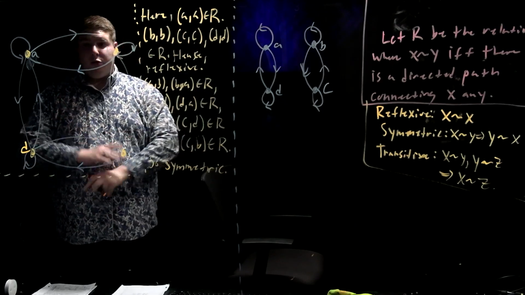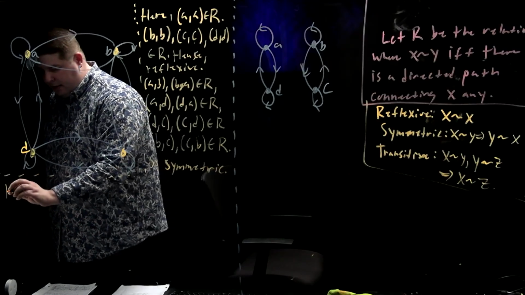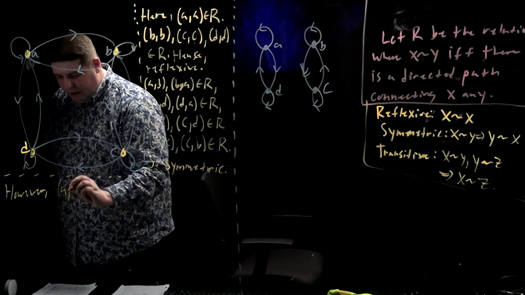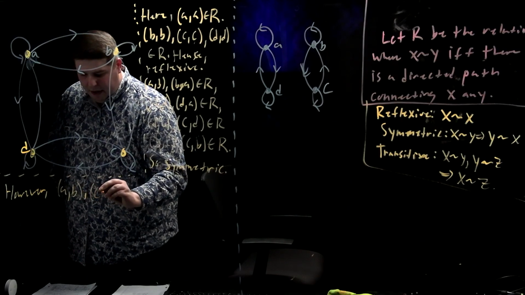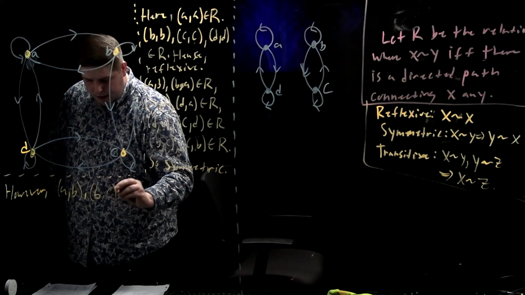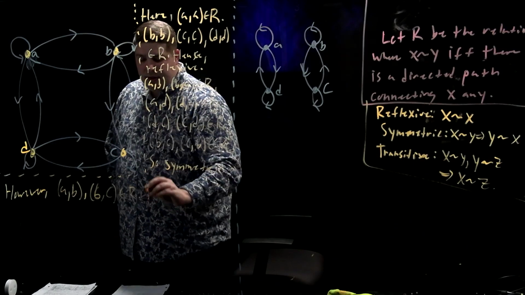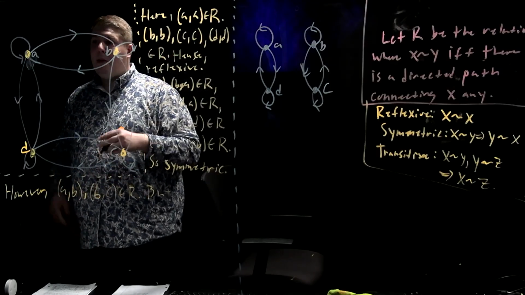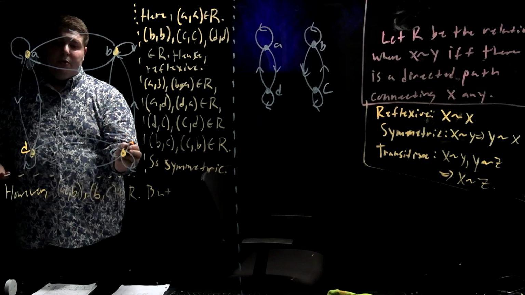However, it's not transitive, actually, because A goes to B, right? And B goes to C are both in R, but does A go to C? Is there an A that goes to C?